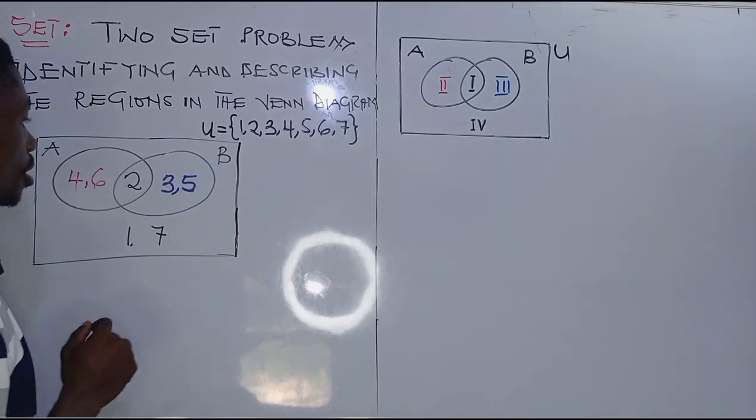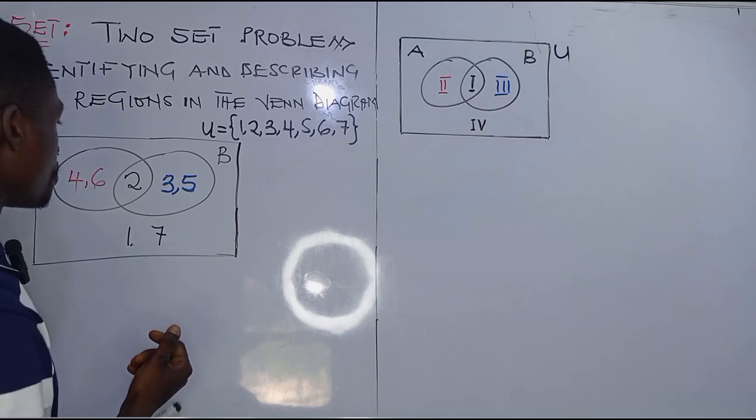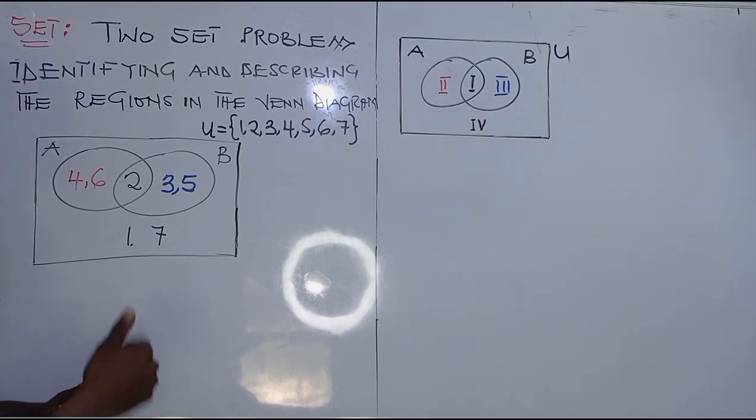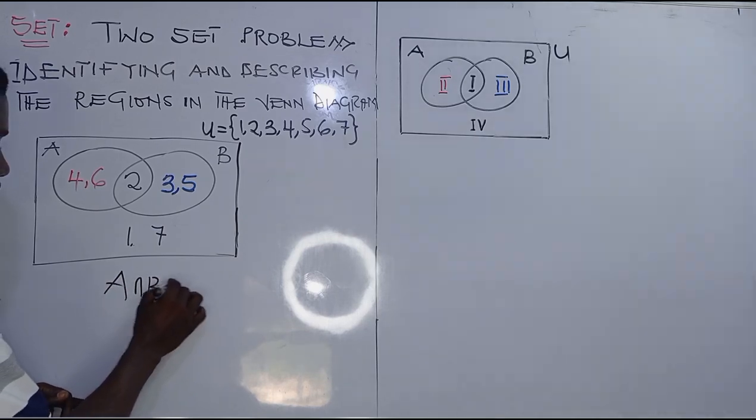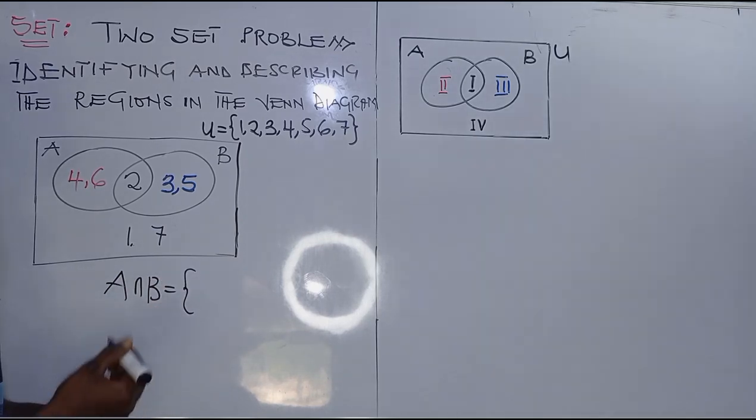Good. So if I ask you to list the elements for A intersection B, I believe we can do that.